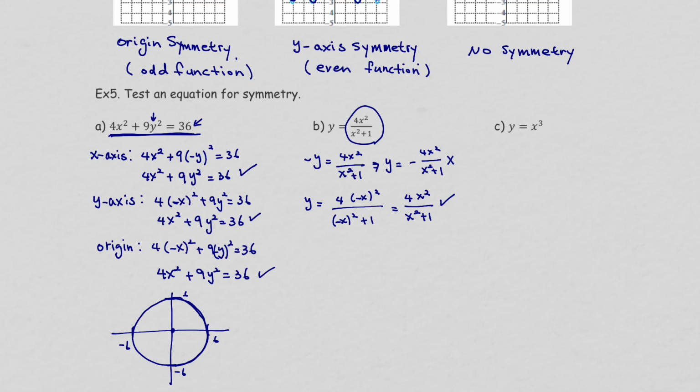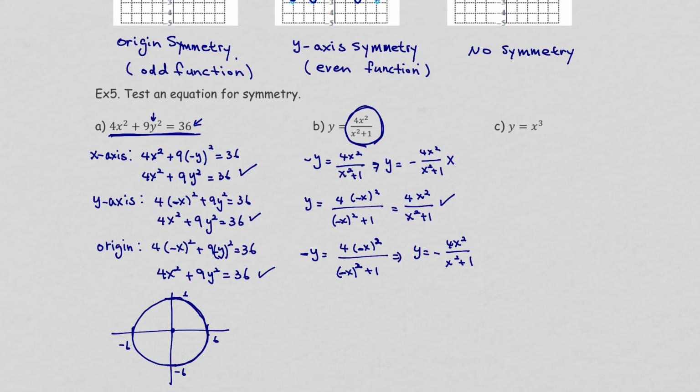What about origin symmetry? Let's check origin symmetry. Letting y equal negative y and x equal negative x. And when we simplify this, it will still be y equals, this negative gone because you're squaring it, right? But for this negative, when you multiply both sides by negative, you will get negative 4x squared over x squared plus 1, which is not the same as what we started.